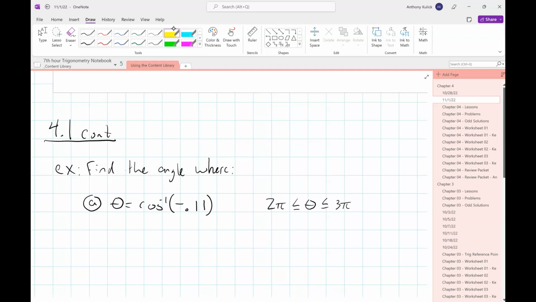Okay. So what am I going to use if I can't use the unit circle? My calculator. So I'll be needing to use my calculator to retrieve the angle.